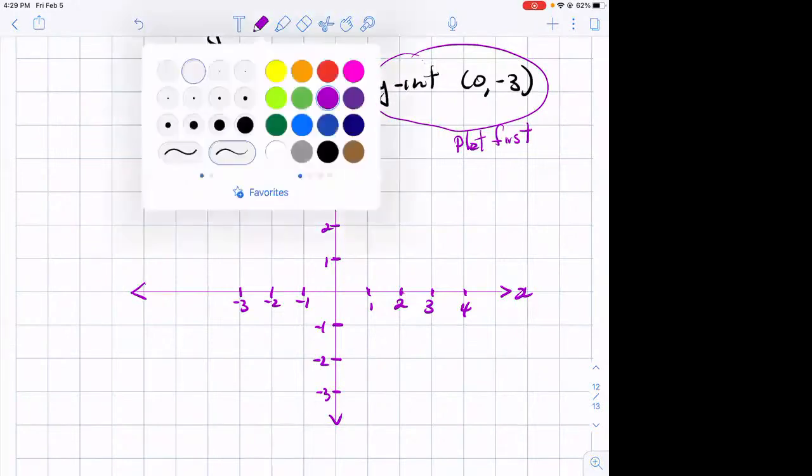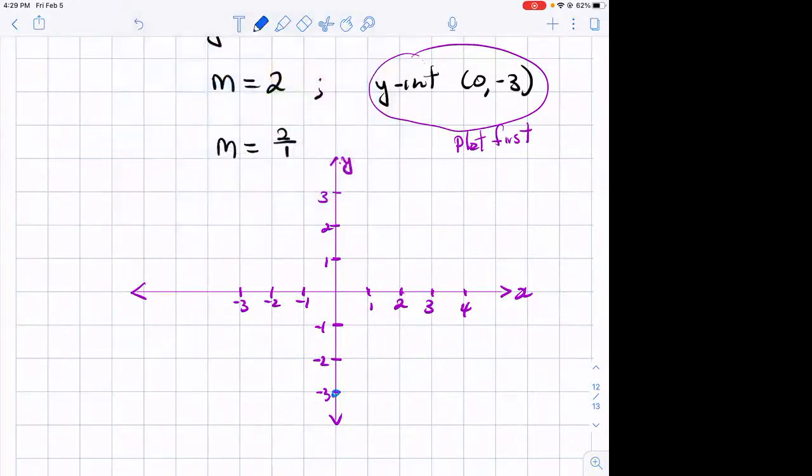So if I plot that point, (0, negative 3) will be here. Now what I do to get my second point is to use the slope. So it's positive 2 over positive 1. So I will go up 2. I will move up 2 because this is the rise and this is the run. I will go up 1, 2, okay, and then jump 1 to the right. And that will be my second point.